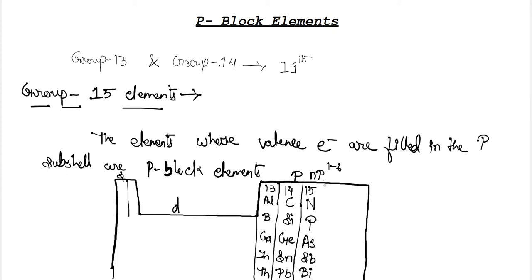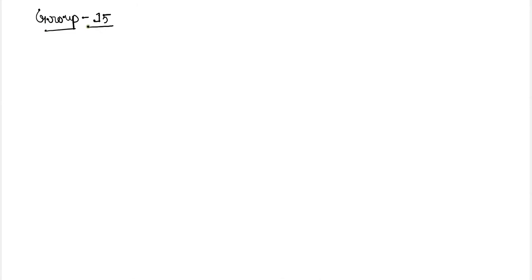So let's talk about these 15th group elements and discuss their physical and chemical properties. The elements are nitrogen, whose atomic number is 7, then phosphorus, whose atomic number is 7 plus 8, that is 15.